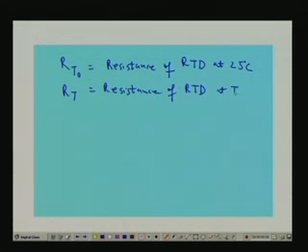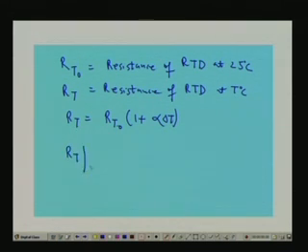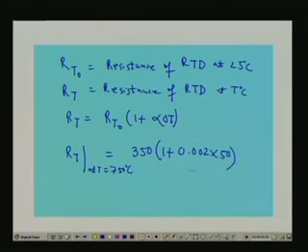RT, obviously, we know is RT0 at 0 degree centigrade times (1 plus alpha T). We have taken the first order approximation, so it looks like this. Quite obviously, RT at T equal to 75 degree centigrade will be 350, which is already given, multiplied by 1 plus 0.002 into 50. So, this will give you 385 ohm, right.